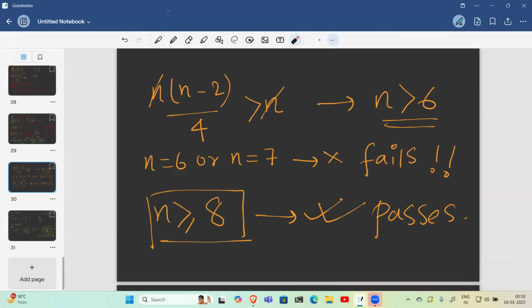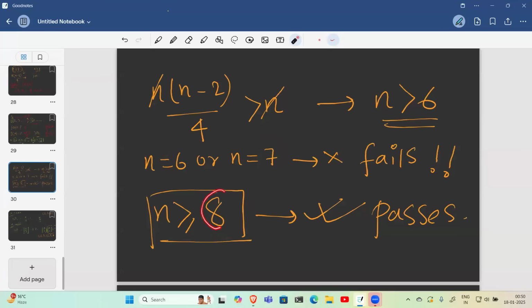So this expression is kind of misleading, because I computed it only to get a rough estimate, and it actually works only for even values of n. I know that if it does not work for n equal to 6, it will also not work for n equal to 7, because the value of g of A will not change as per my algorithm. But now I know that this works for n equal to 8, and since it works for n equal to 8, it will work for all larger values of n.